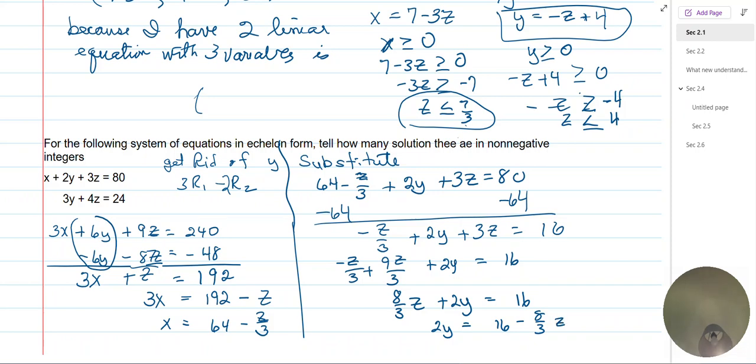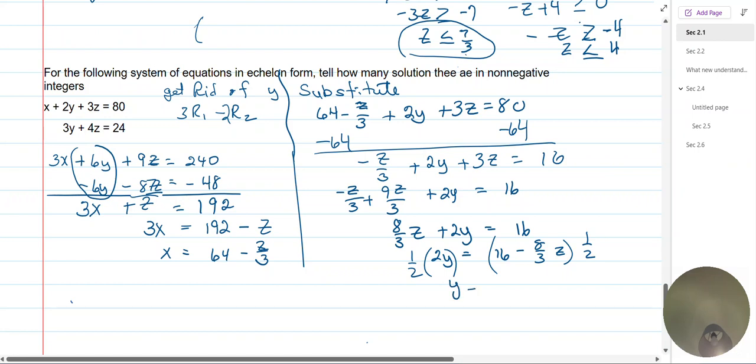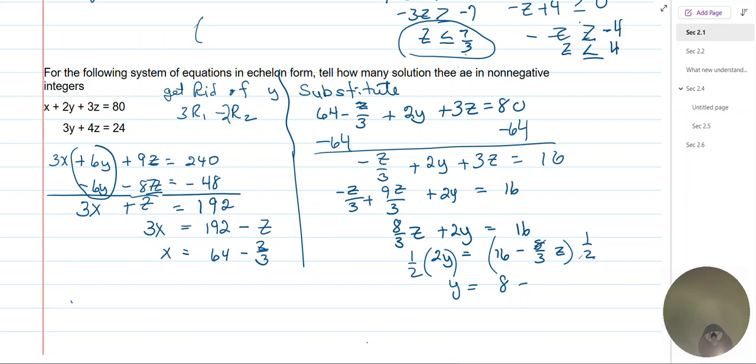Okay, and so now I'm going to multiply by 1/2. Right? So that I have y equals a half of 16 is 8 minus, and this will go in there, 4 thirds z. And now I have both of them.